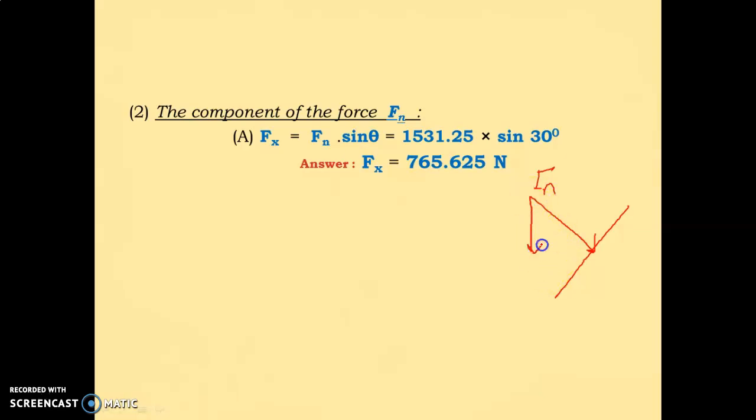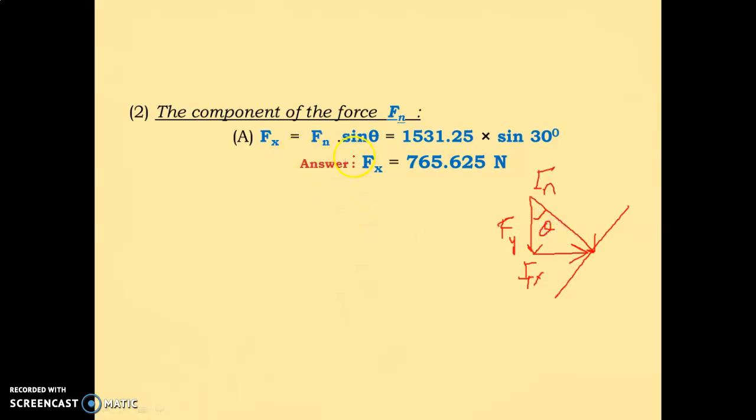One component in the y direction, that is Fy, and one component in the x direction, that is Fx. First we will find out Fx. Fx is Fn into sine theta, because this is theta.